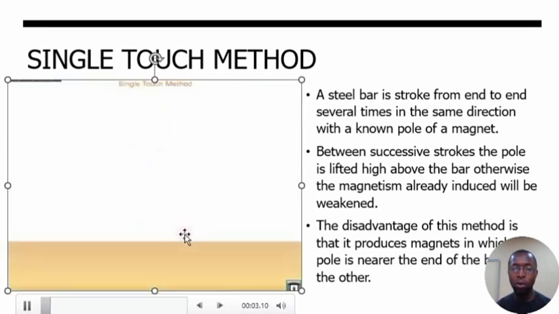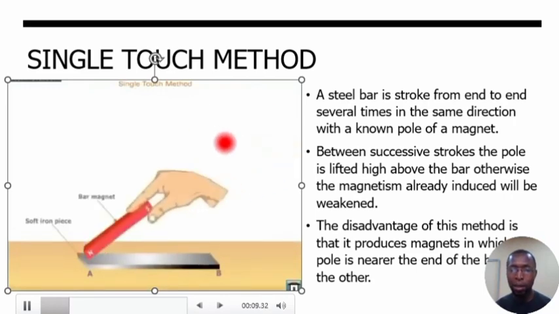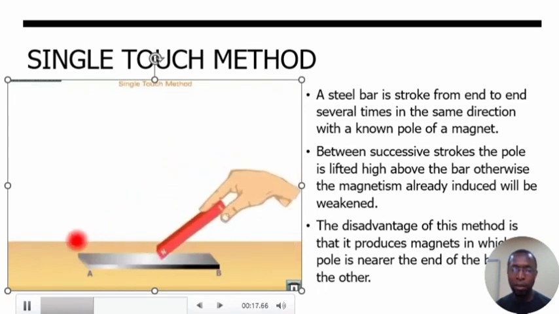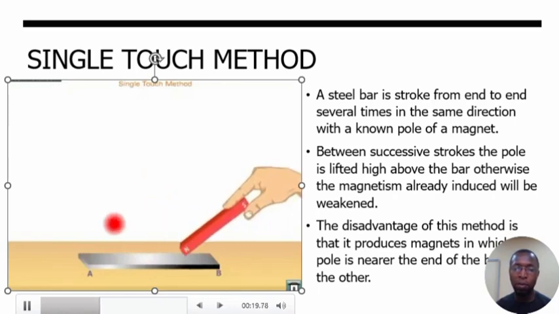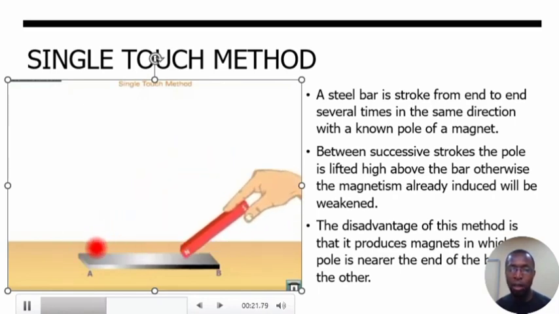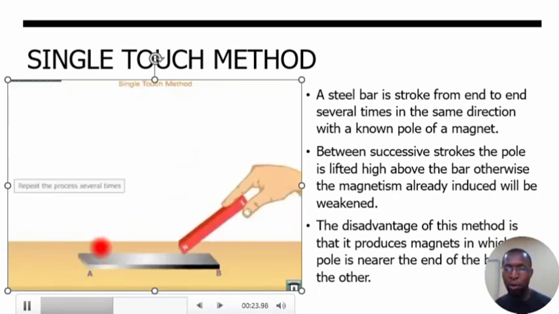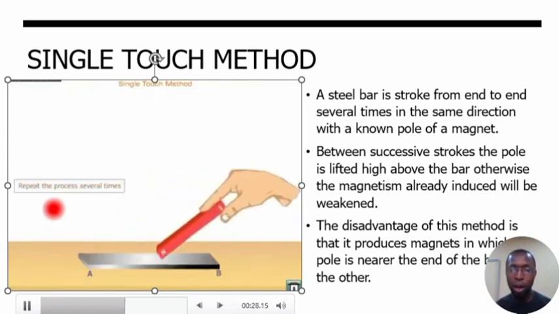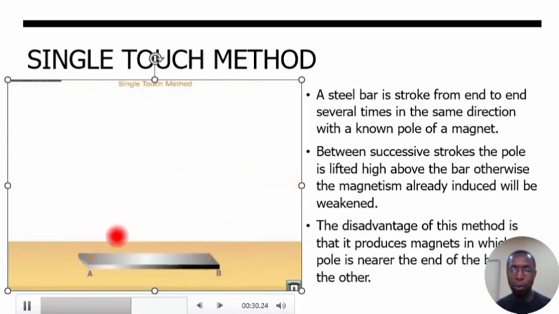All you need to do is to get either the steel bar or the iron bar, and then you get a magnet and stroke it. You stroke it from the top down and lift it high again. Continue the process several times. As you are doing that, the point where you are stroking it from receives the north pole, and the other side receives the south pole.